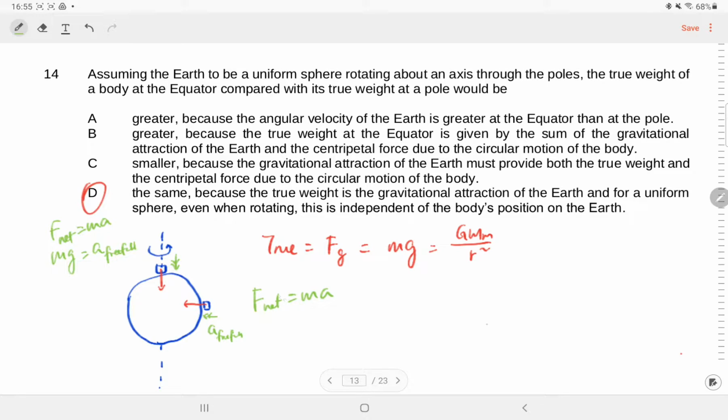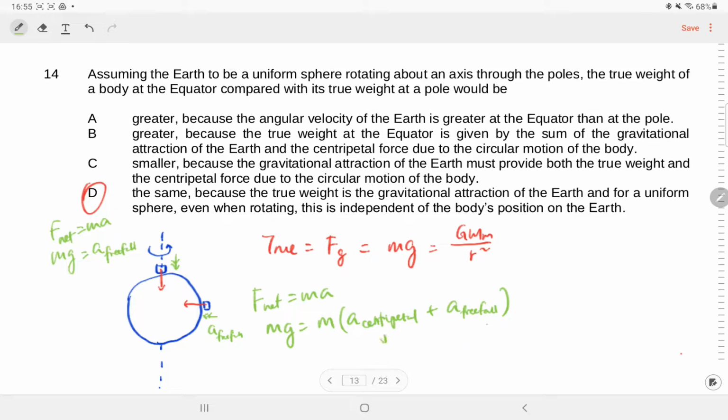So on the Earth's equator, we have mg equals m times a. The total a equals g, which is around 9.81. But it has to give rise to two effects: centripetal acceleration, and acceleration due to free fall.